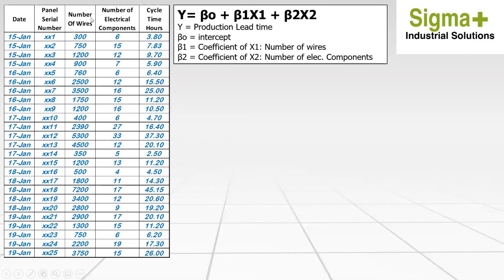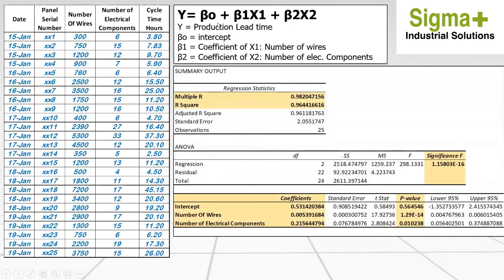Okay, my friends, so here is my table, and this is the multiple regression equation. As we summarized, in the multiple regression equation there are mainly three parameters that you are estimating: the beta naught, which is the intercept, the beta 1, which is the coefficient of the first independent variable x1, and the beta 2, which is the coefficient for the second independent variable x2.